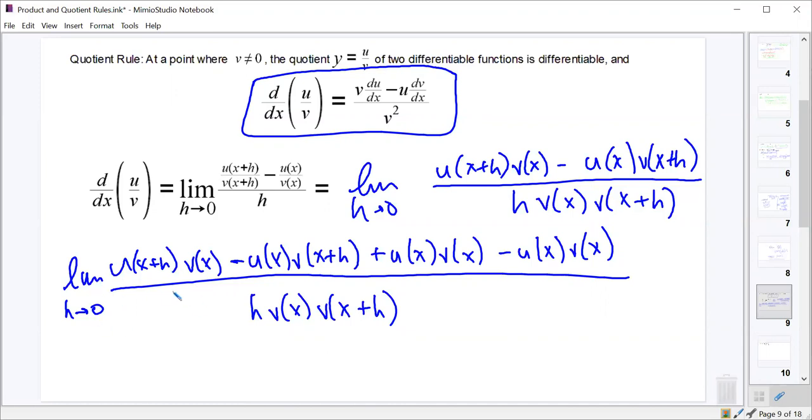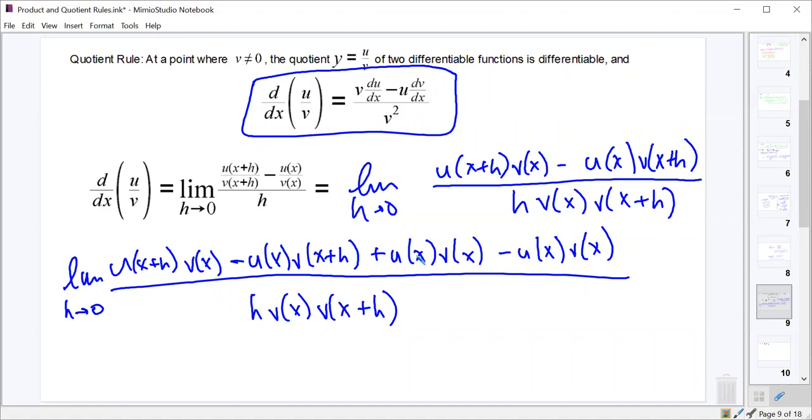I don't know if those numbers make any sense. The first one and the third, or the first one and the fourth? I'm sorry, I couldn't understand what you said. First one and the third. Okay, the first one and the third one. So those both have a v of x in them, right? So I would factor out the v of x if I were to do that. And what would I be left with? I'd be left with u of x plus h plus u of x.